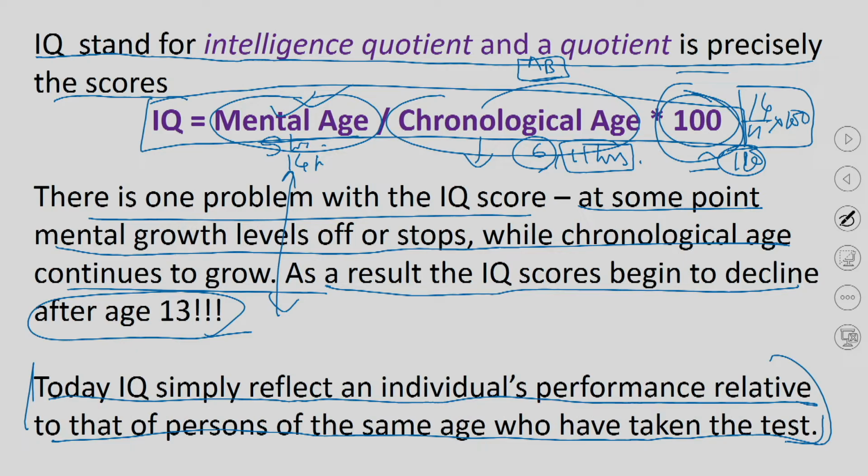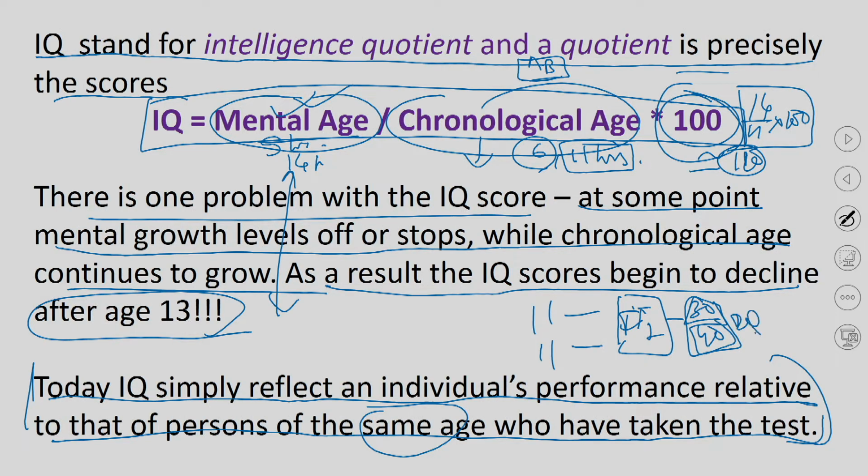So, two class 11 people taking a similar intelligence test, how do they score? One scores 30, the other scores 40, and the comparison between them will tell the intelligence quotient, or IQ, of these people.